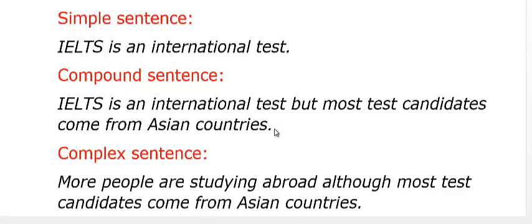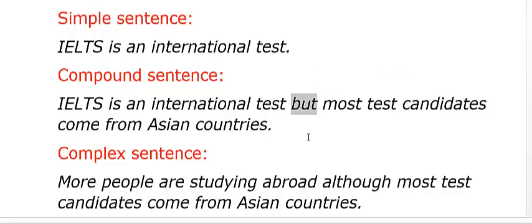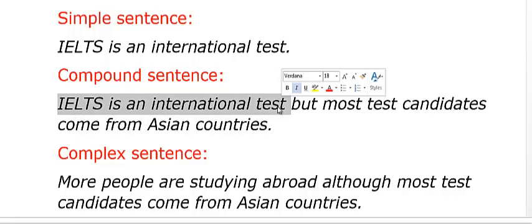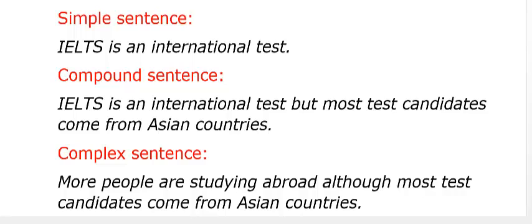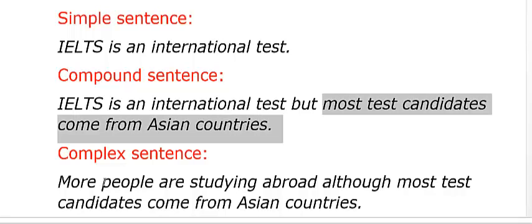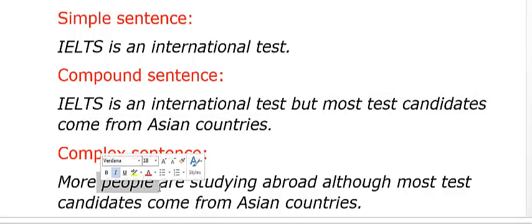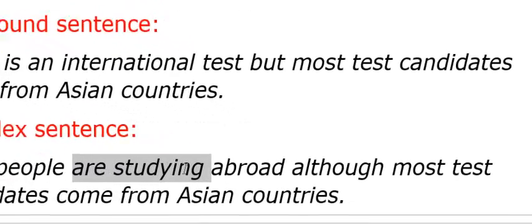Now, in the compound sentence, you may know that a coordinate conjunction, in this case but, is a conjunction that joins two equal ideas. So this first idea is equal to the second idea. If we contrast this compound sentence with a complex sentence below, we have one subject, people, one verb phrase, are studying.